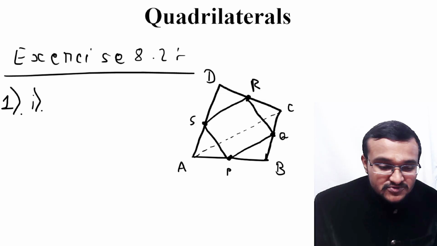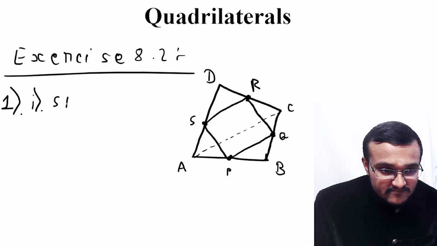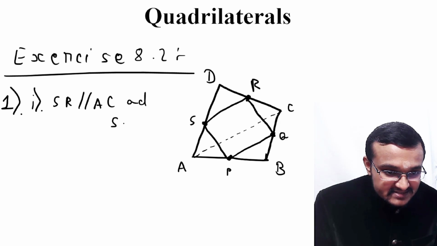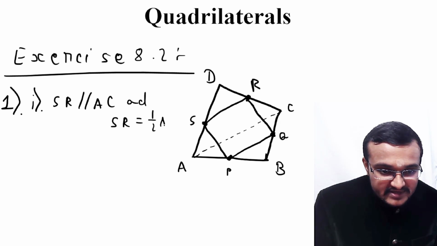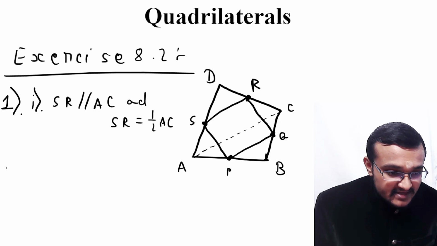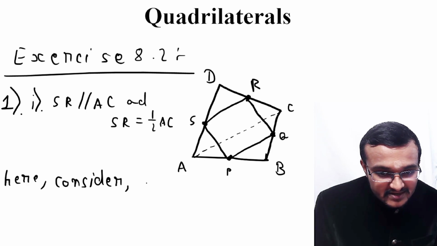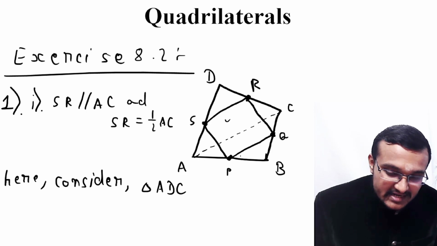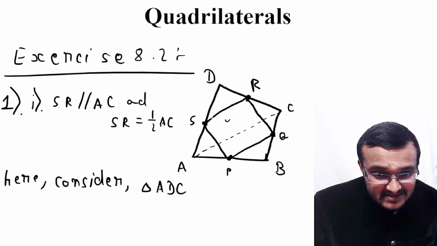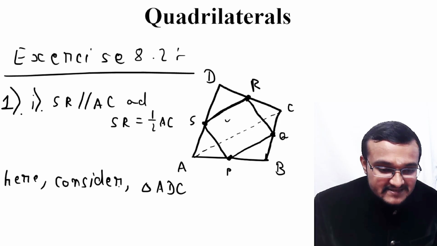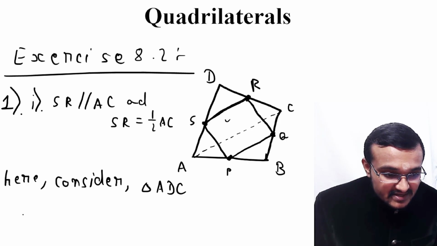First, we need to prove SR is parallel to AC and SR is equal to half AC. Consider triangle ADC, the upper triangle, in which S and R are midpoints of DA and DC.